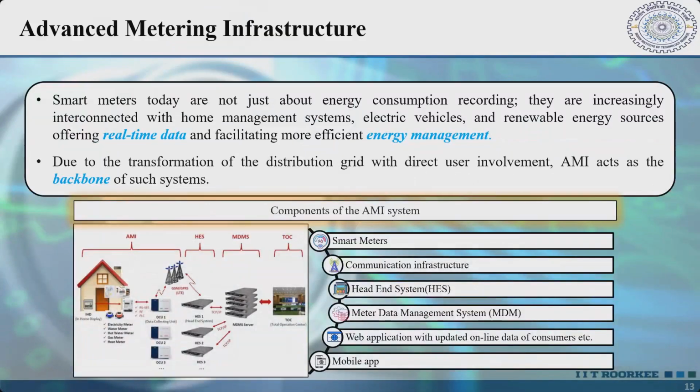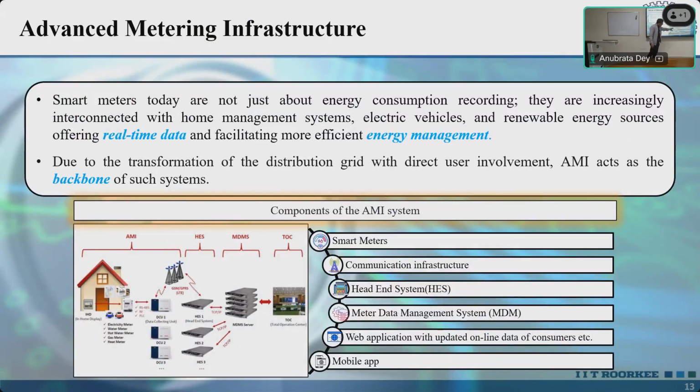Before we move on, let us see what the architecture of your advanced metering infrastructure is. If you consider the components of your AMI, it contains obviously the smart meter itself, which is inside the house.